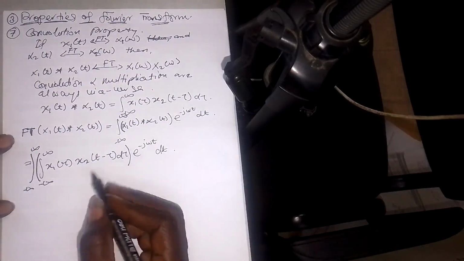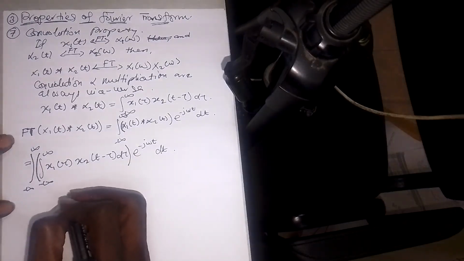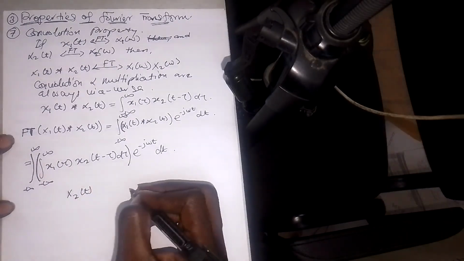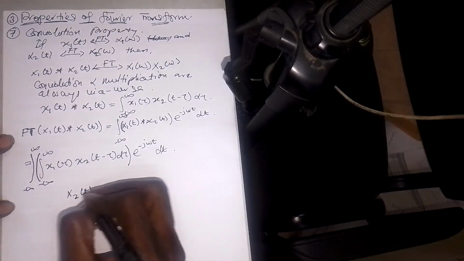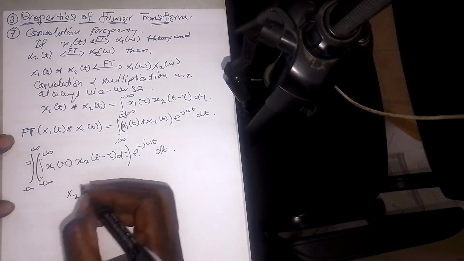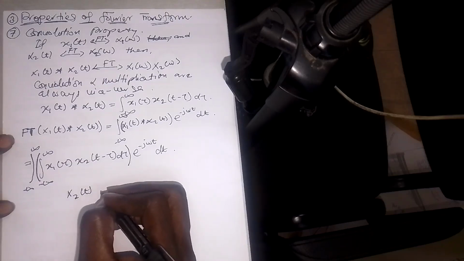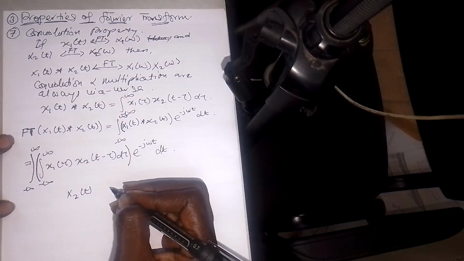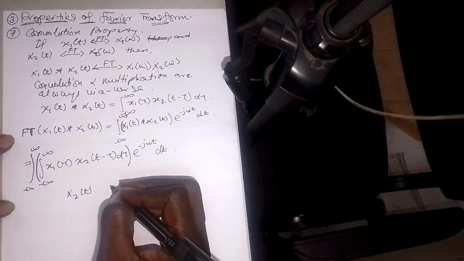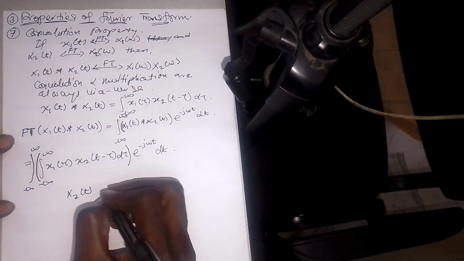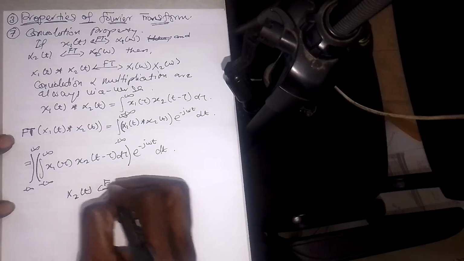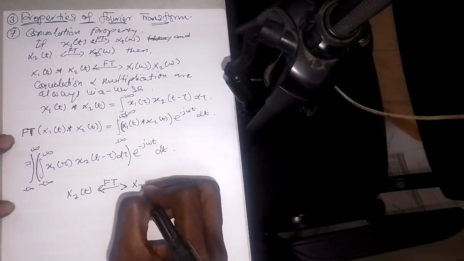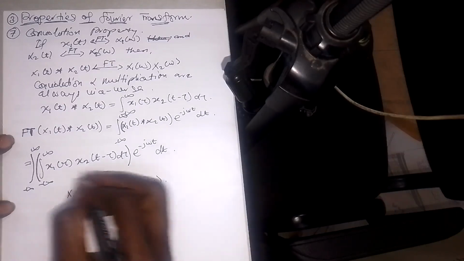Now, you know that x2 of t gives me a Fourier transform of x2 of omega.